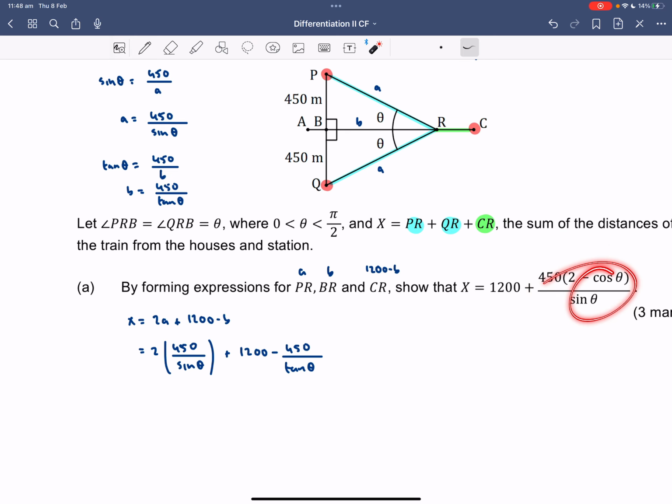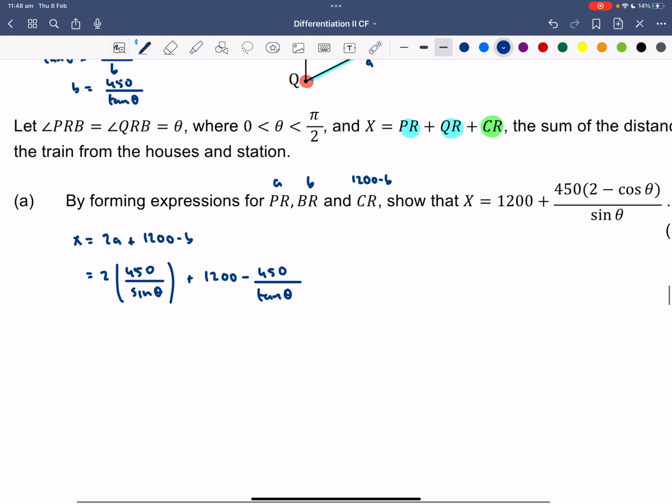The answer has got cos and sine. It's important to remember that tan theta is sine theta over cos theta. That means 1 over tan theta, the flipped version, is cos theta on sine theta. And why is that going to be important?